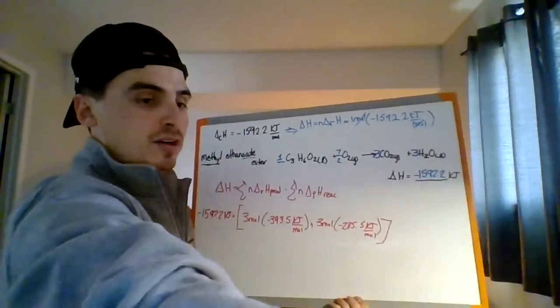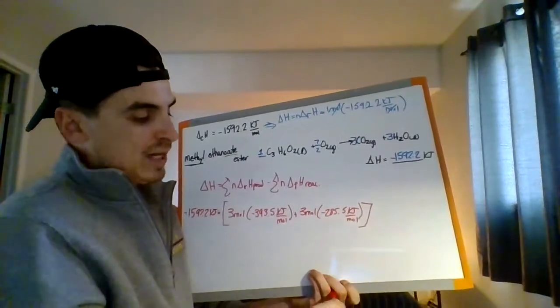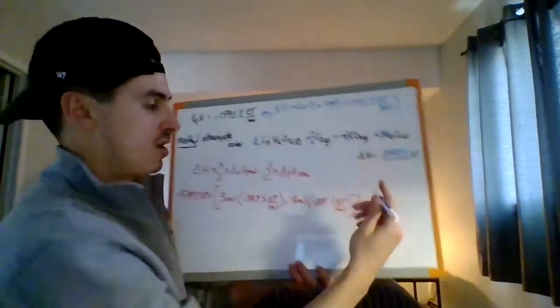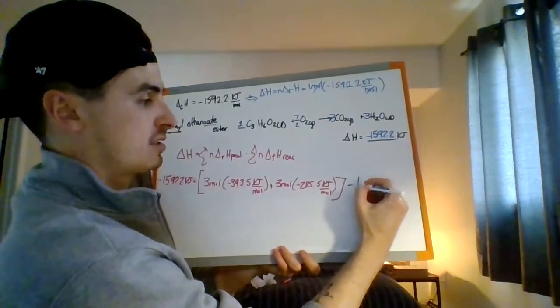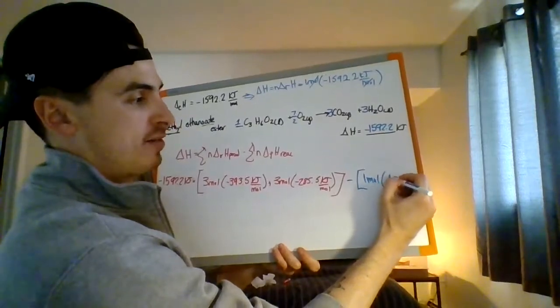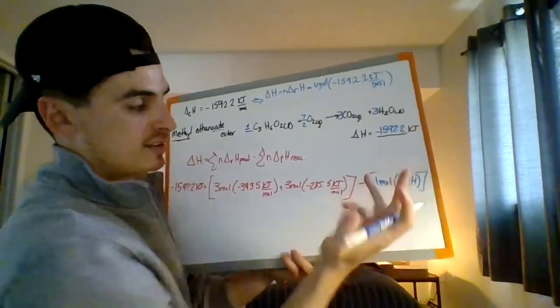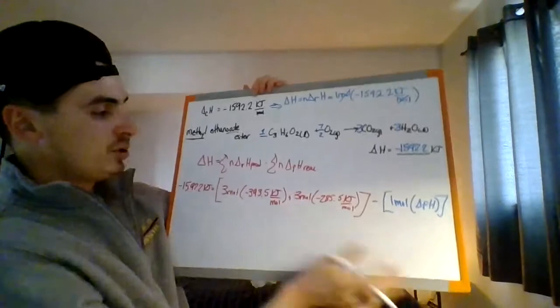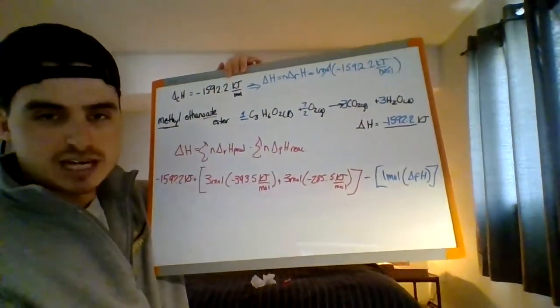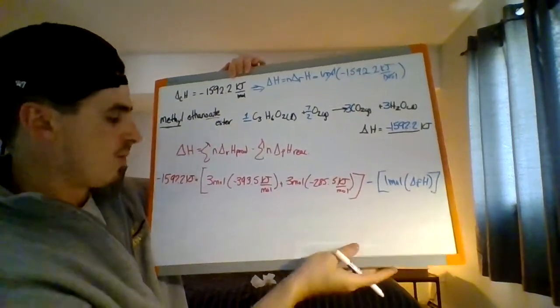And I'm going to write this in different colors so you guys can see. We don't know what delta FH is for this because that is what we're trying to solve. Minus 1 mole times delta FH. So we're trying to isolate for delta FH. So all I'm going to do is figure what this is, bring it over to the other side, divide both sides by negative 1 mole, and we're good to go.